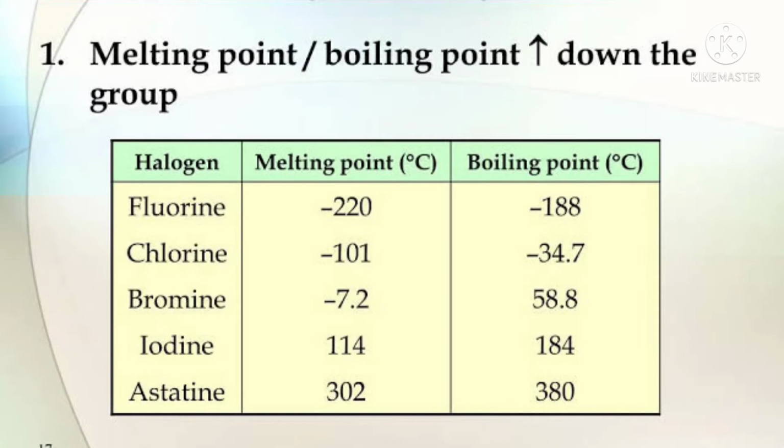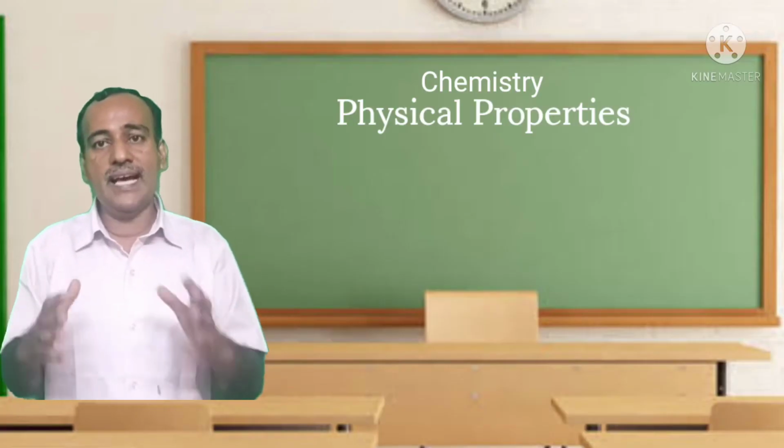Melting and boiling point steadily increases with the increase in atomic number, or otherwise when we move from top to bottom, melting and boiling point steadily increases. Why? When we move from top to bottom, atomic size increases.